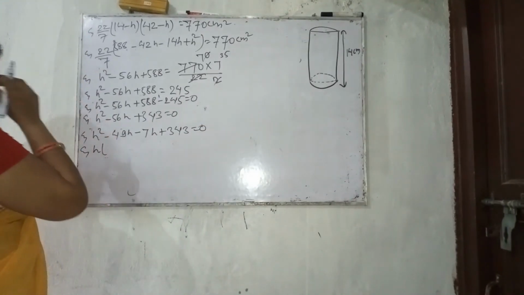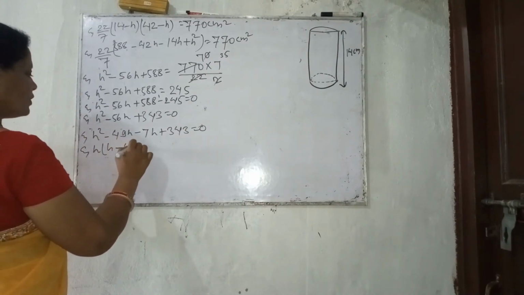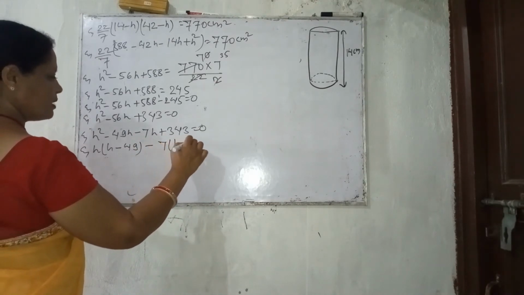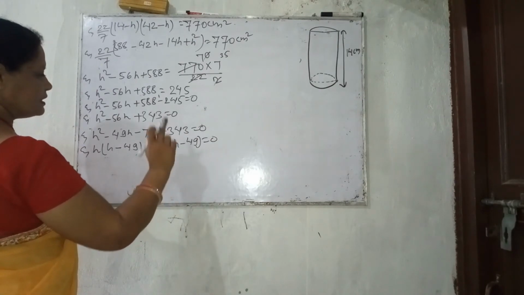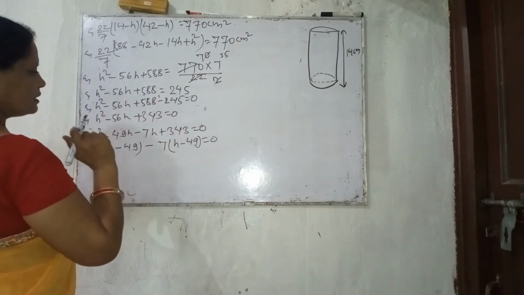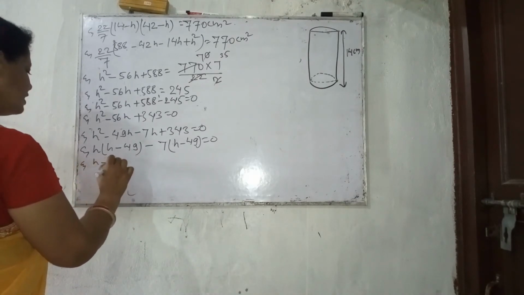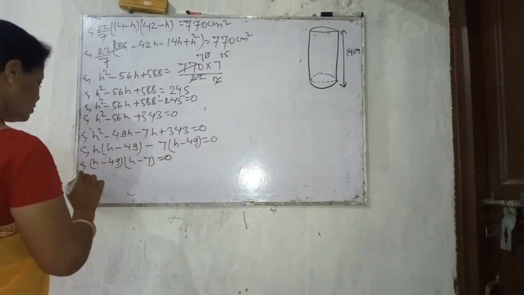H is common, so it will be h into h minus 49 minus 7 into h minus 49. 7 and 49 make 343. So h minus 49 into h minus 7 equal to 0.